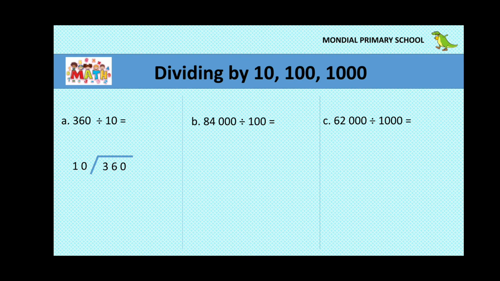Let's group the first two digits together so that we have 36. Well, next, how many tens will make 36? You're right, 3. Hence, we will put a 3 in our answer line.